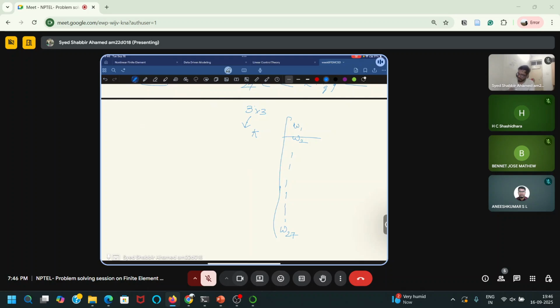So if I remove those equations, I'll get a 3 cross 3 matrix after static condensation, and WG will be 3 cross 1 because only at the center node the displacements are not zero. So I'll remove all the rows and columns in K which coincide with the zero displacement.